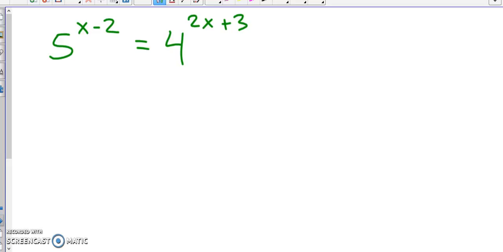How can I get those variables out of the exponent? What have we been doing this whole little section? Yeah, you take the log of both sides. Now, it's not 10, and it's not e, so it really doesn't matter which log you take. Just for demonstration purposes, I'm going to use ln.